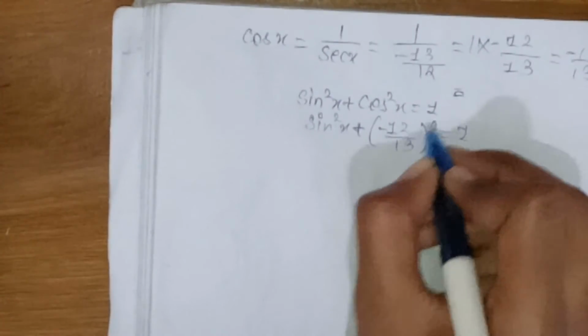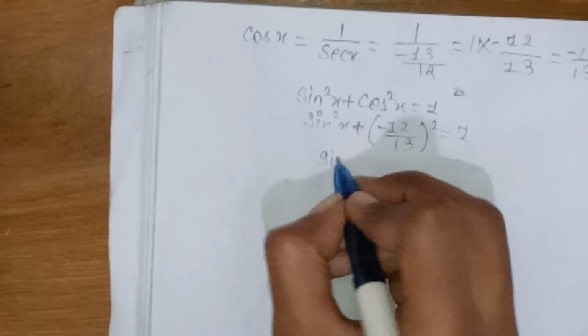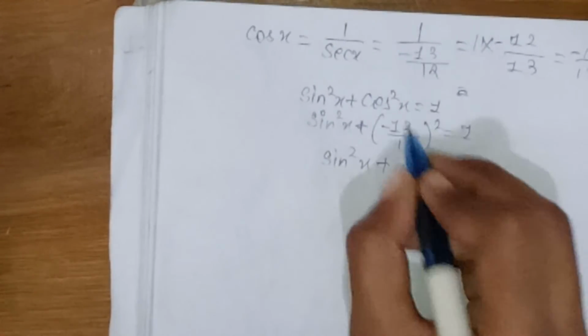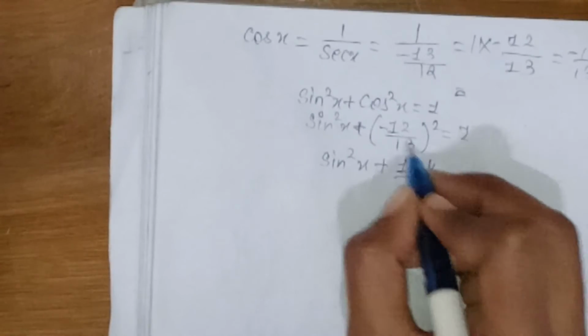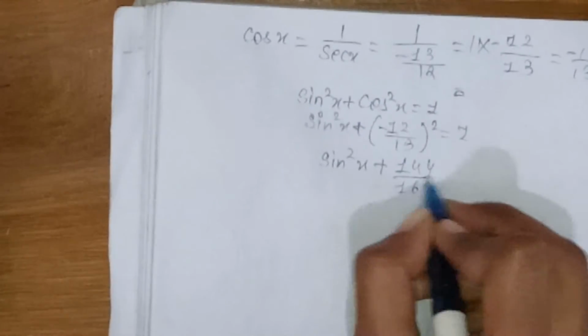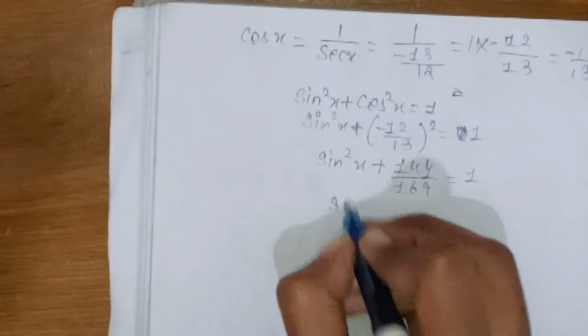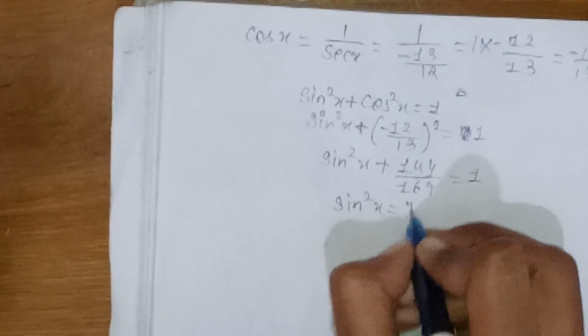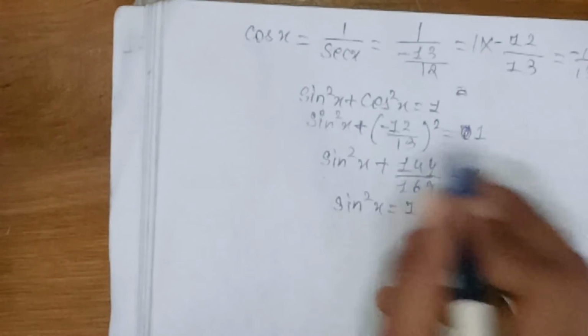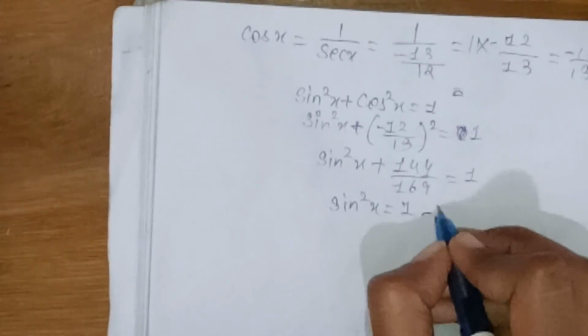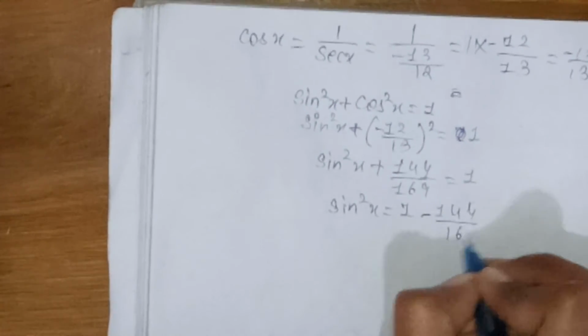So when the power is even, the minus becomes plus. 12 square is 144, 13 square is 169. This is 1. So plus 144 by 169, if we take it to the right hand side, it becomes minus 144 by 169.